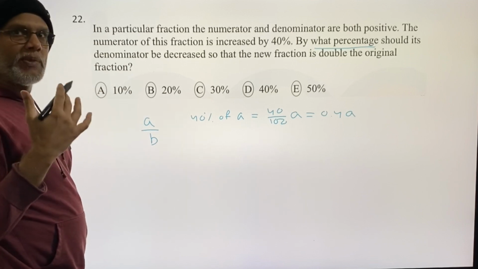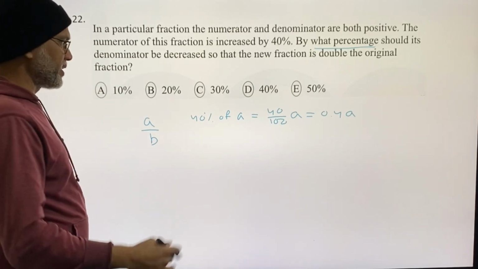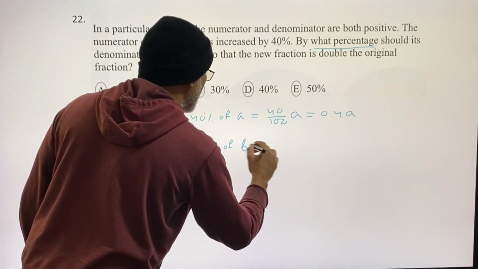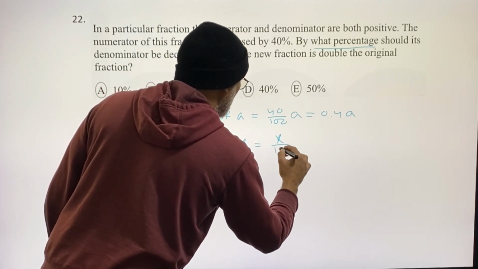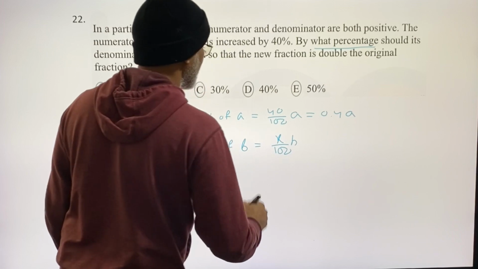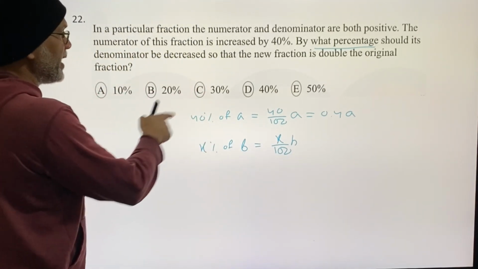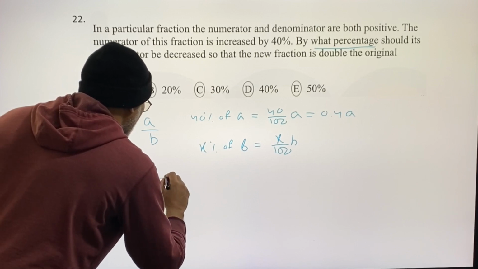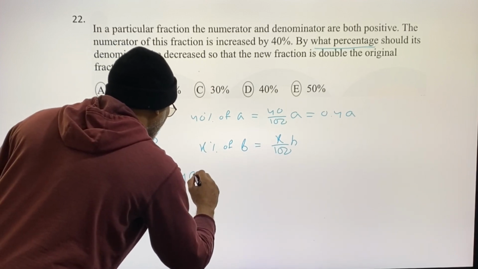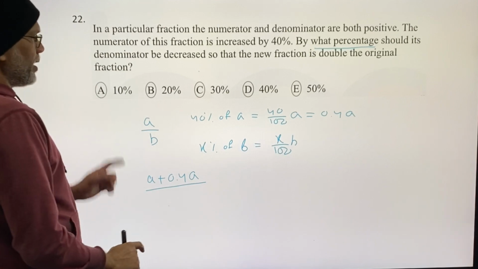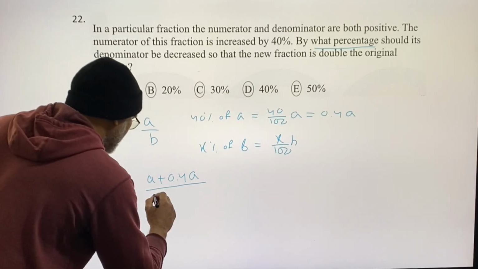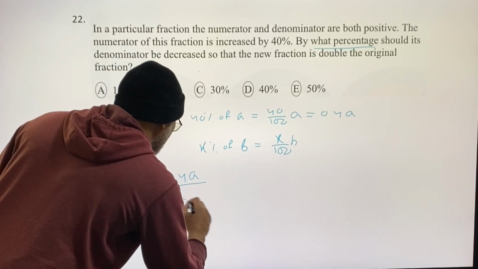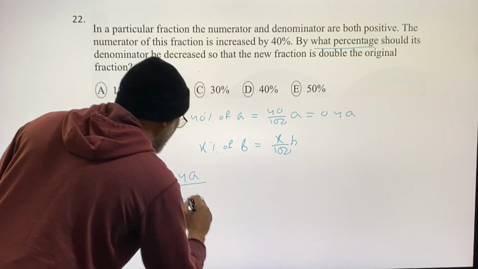So let me assume that it has to be decreased by X percent. So X percent of B is X over 100 times B, right? Okay, so A needs to be increased by this amount. So A becomes A plus 0.4 A. Now B needs to be decreased, so minus X over 100 B, right?